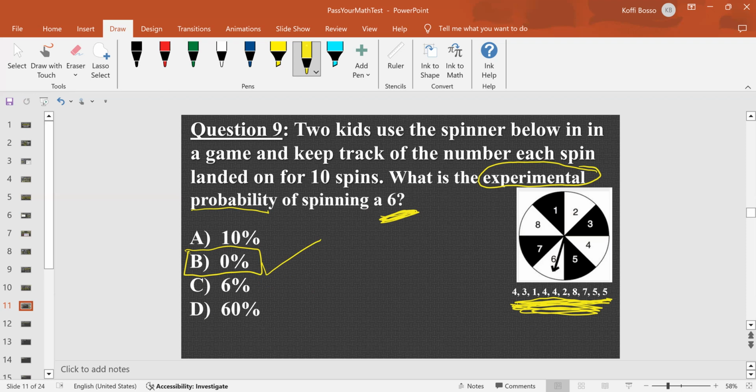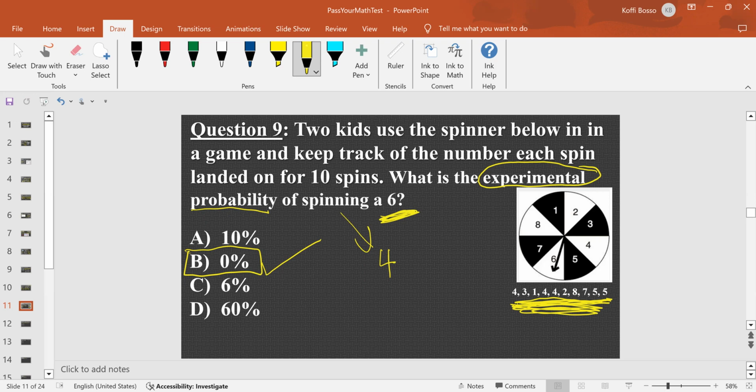0%. But suppose they ask you the same question, and instead of 6, they say, for example, spinning 4. In that case, you count how many times you have 4 in this list. So you count 1, 2, 3. So we have a 4 three times.